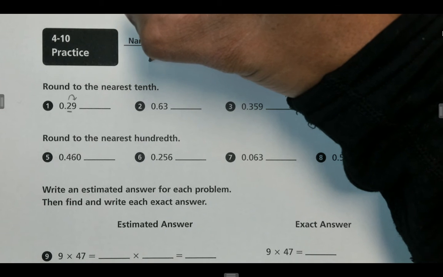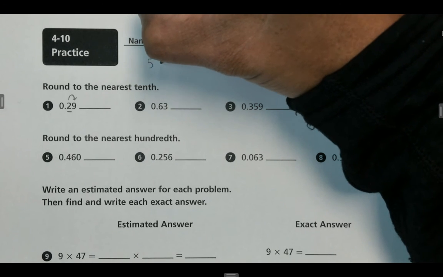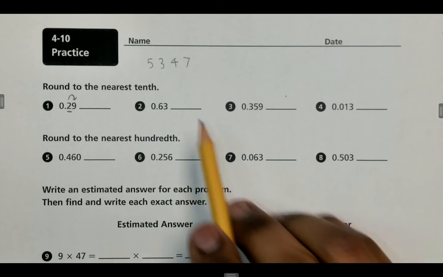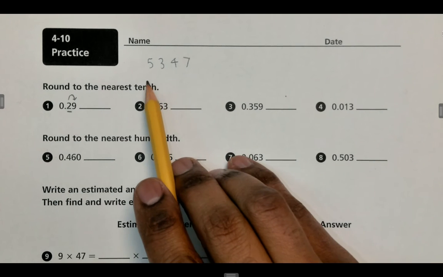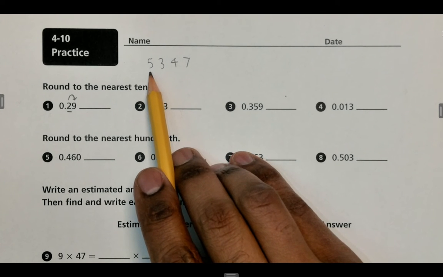Let's say I just wrote down a sample problem here of 5,347. If I was looking at this number and rounding to the thousands place, I'm really asking myself, is this number closer to 5,000 or 6,000? In this case, thinking about where it falls on a number line, we would round this down to 5,000.